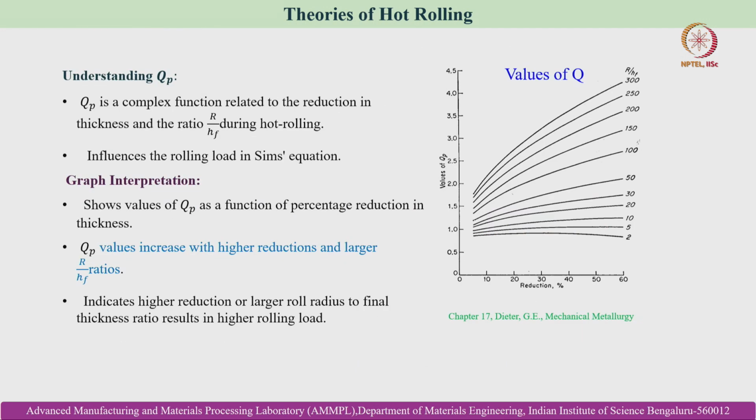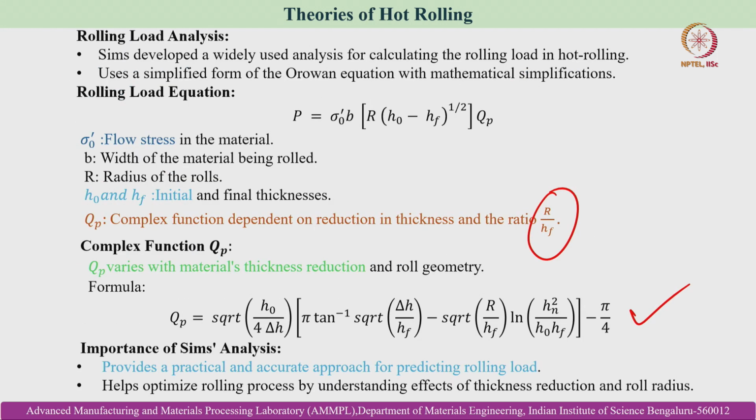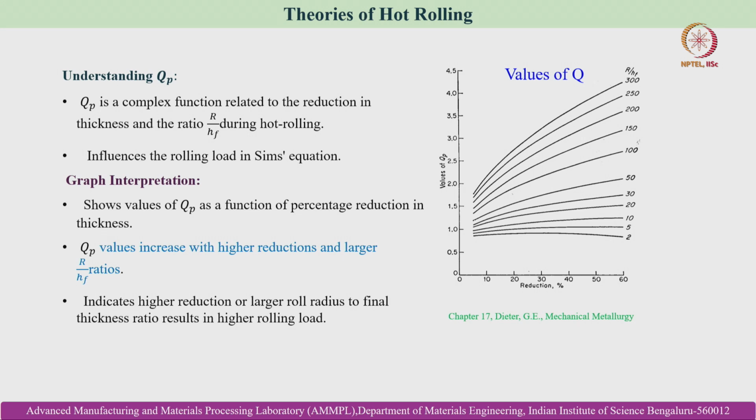These are some variations of Q_P with thickness reduction. As you can see, this complex function depends on the material's thickness reduction, and Q_P increases with increasing thickness reduction in the workpiece material.